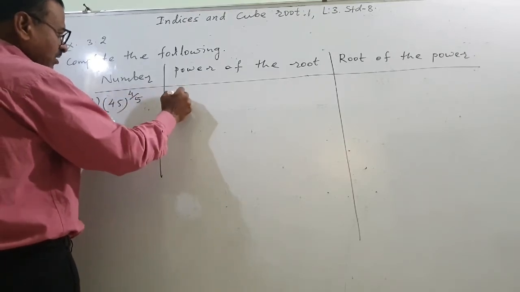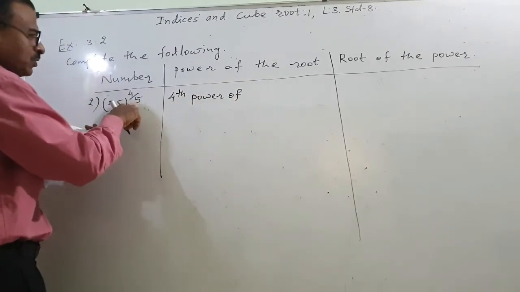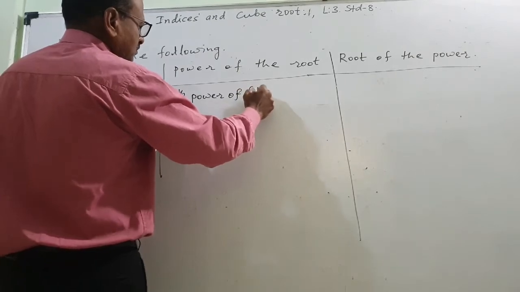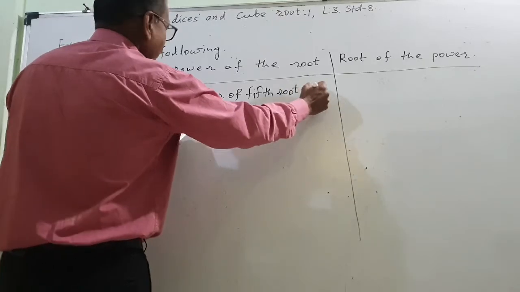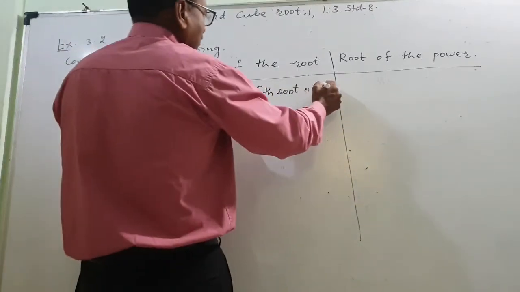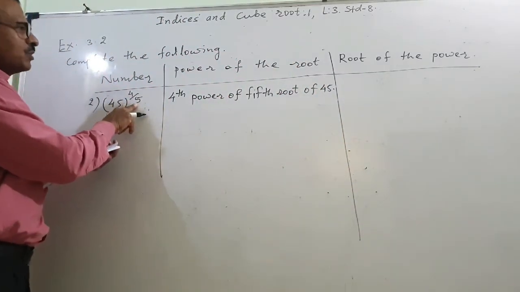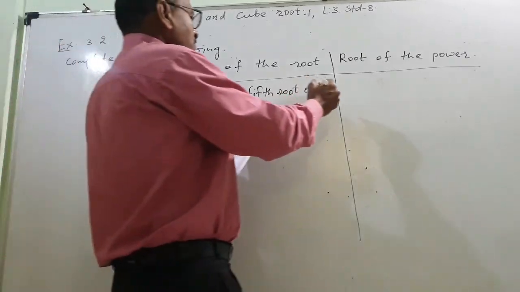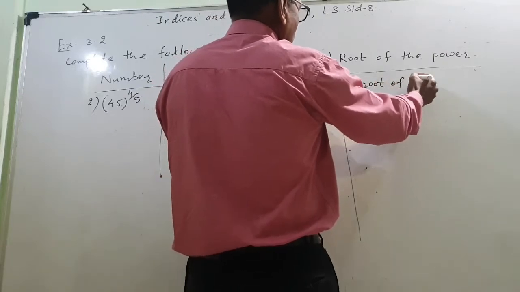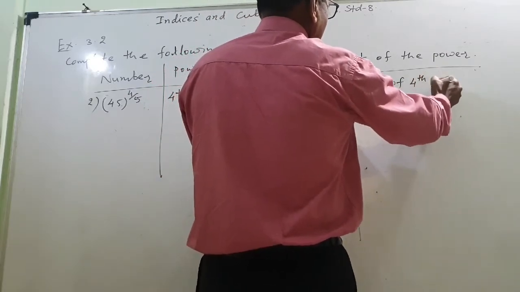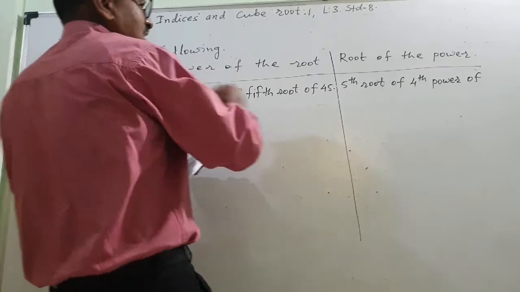So fourth power of fifth root of 45. And root of the power, which root, fifth root, which power, fourth power. So fifth root of fourth power of 45.